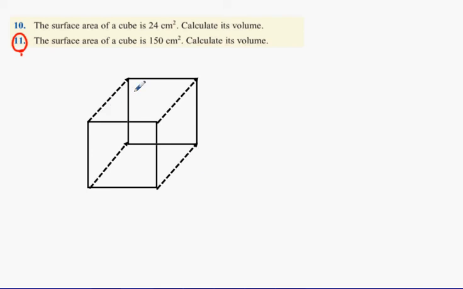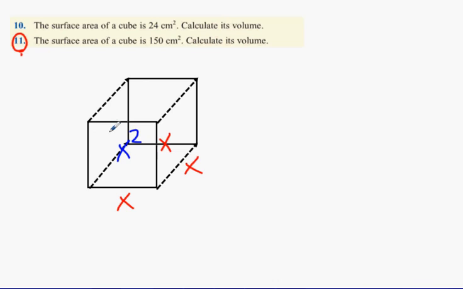So if you painted every face of this, that's what would happen. So what do we know about it? Every length is the same, isn't that correct? So what's the area of one face? Anybody? What is it? x multiplied by x, x squared.